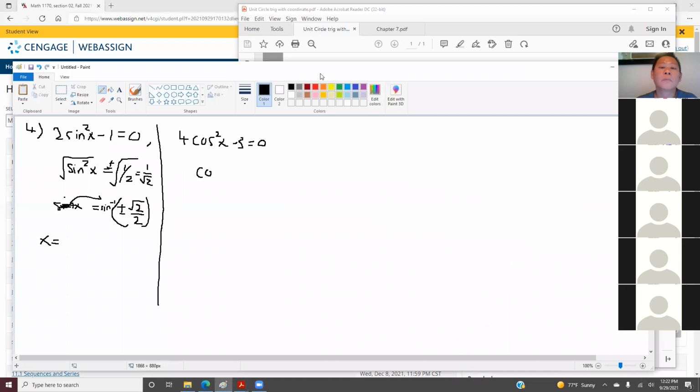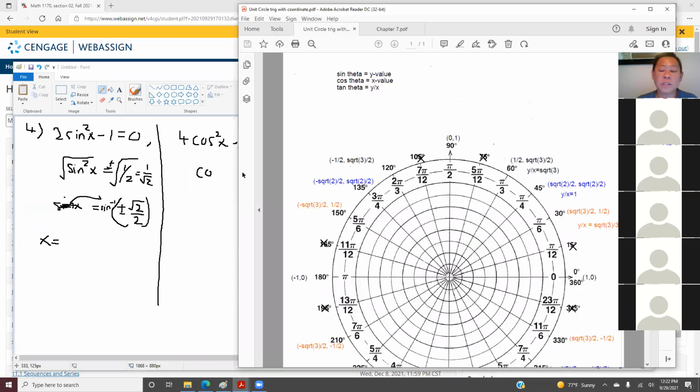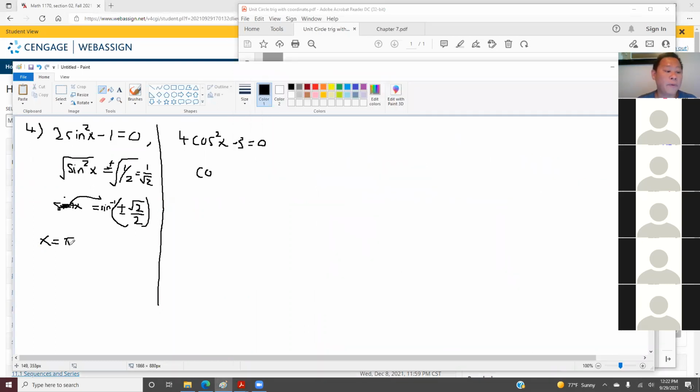Pi 4. Okay, so first quadrant is pi 4, second quadrant is pi what? Three pi over 4, right? So you'll be pi over 4, 3 pi over 4, 5 pi over 4, and 7 pi over 4.